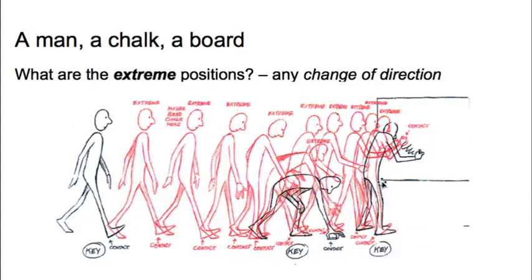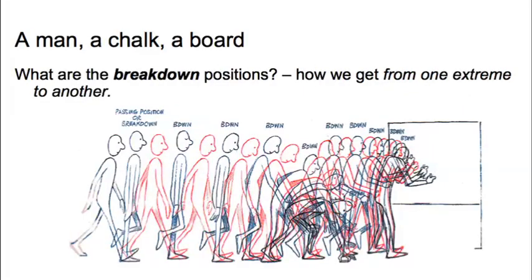So you can usually block out a shot using keys and extremes only, and then leaving the breakdowns until later. And that's normally the point at which I would show my work to a director, is having done the keys and the extreme positions. Assuming the director likes my work, I'm now going to start to put in breakdown positions.